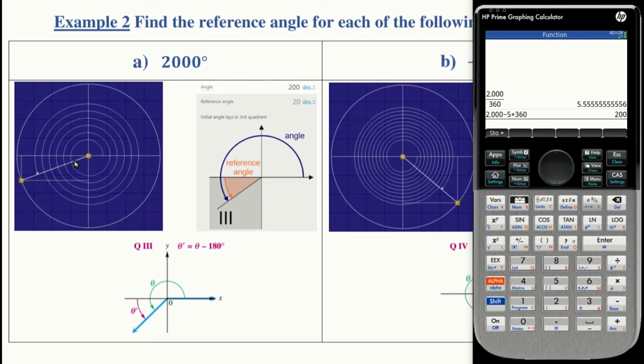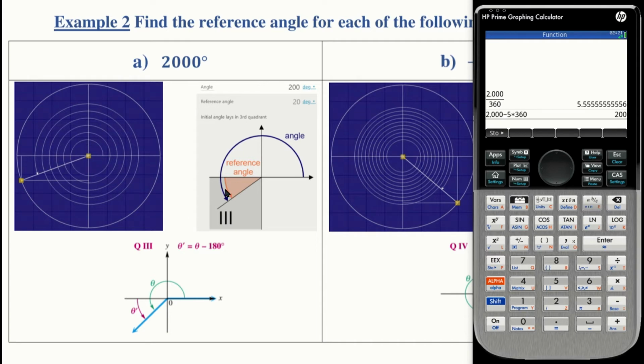What is really different is this arc graphic, which shows you how many rotations are needed to get to the terminal side of 2000 as opposed to the terminal side of 200. But nevertheless, the angles, if you only look at the initial and terminal sides, they will look identical, right?